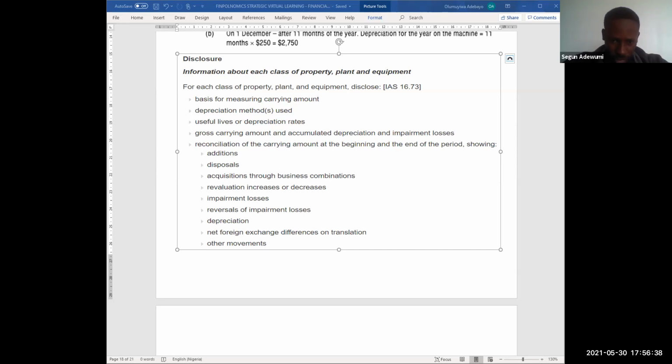Reconciliation of the carrying amount at the beginning and the end of the period, showing the following: 1. Additions. 2. Disposals. 3. Acquisition through business combination. 4. Revaluation increases or decreases. 5. Impairment losses. 6. Reversals of impairment losses. 7. Depreciation. 8. Net foreign exchange difference on translation. And 9. Other movements.